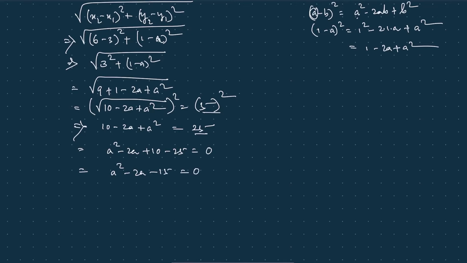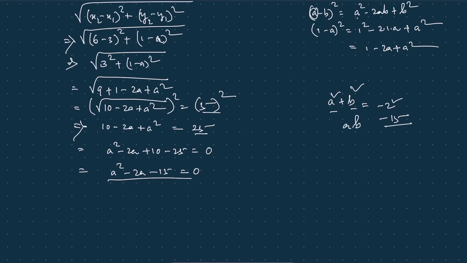Now you have to think of which numbers, when added, the answer will be minus 2, but when multiplied, it is going to be minus 15. Tell me such numbers. Suppose a and b, when these two numbers are added, the answer will be minus 2, and when multiplied, it is going to be minus 15.